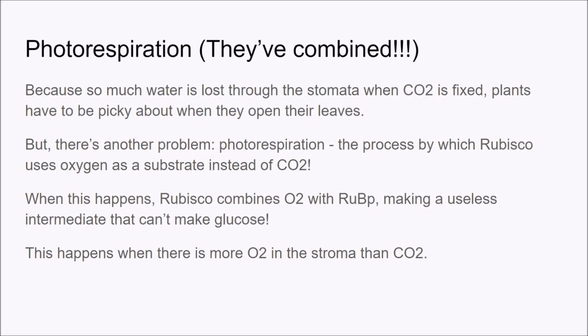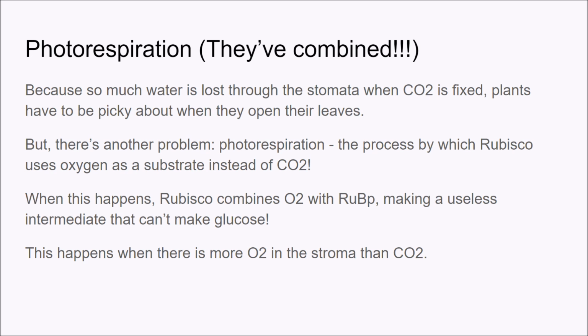Photorespiration refers to the fact that rubisco, the enzyme that usually catalyzes a reaction to attach the carbon from CO2 onto RuBP to start that whole Calvin cycle, can also attach oxygen, or O2, onto RuBP. Now, this sucks because when that happens, it produces an intermediate that makes it impossible for us to make glucose. We can regenerate RuBP, but it doesn't make glucose, which is useless to us, right? Because the whole point is to make glucose.